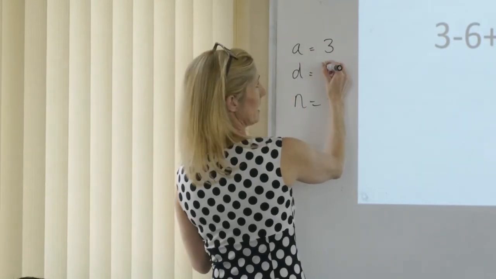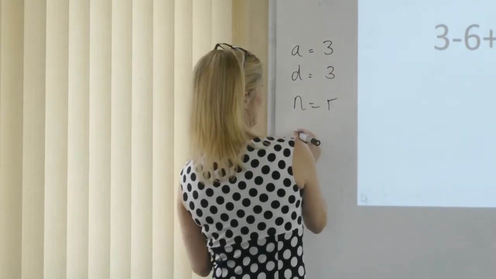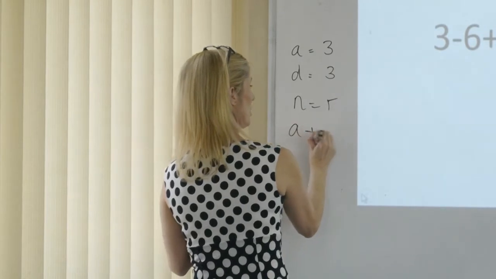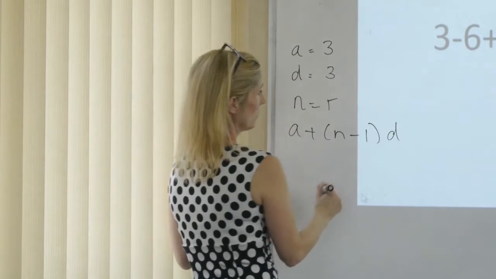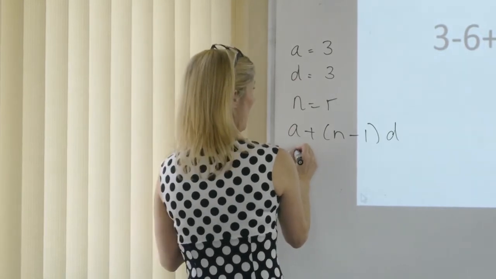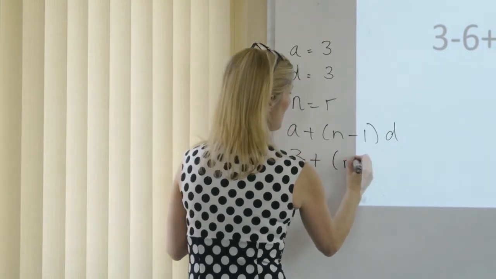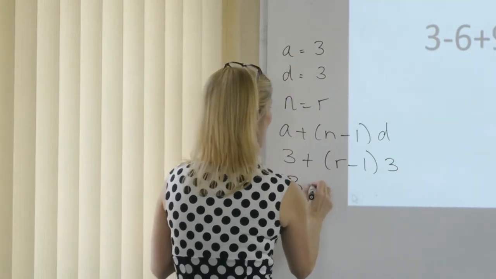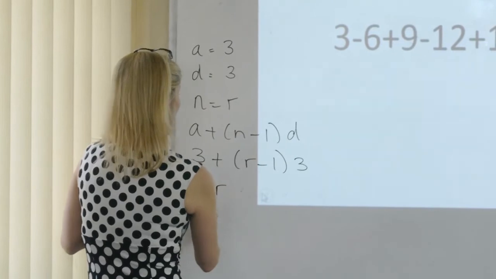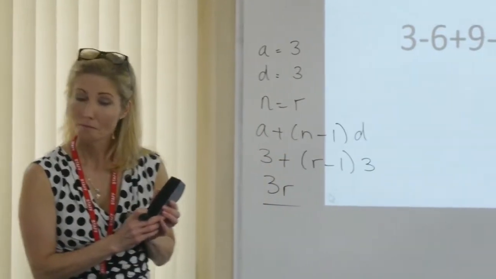So A is 3, D is 3. If we put that into the nth term, then you get 3 plus (r minus 1) times 3. So 3r is all that remains, 3r.